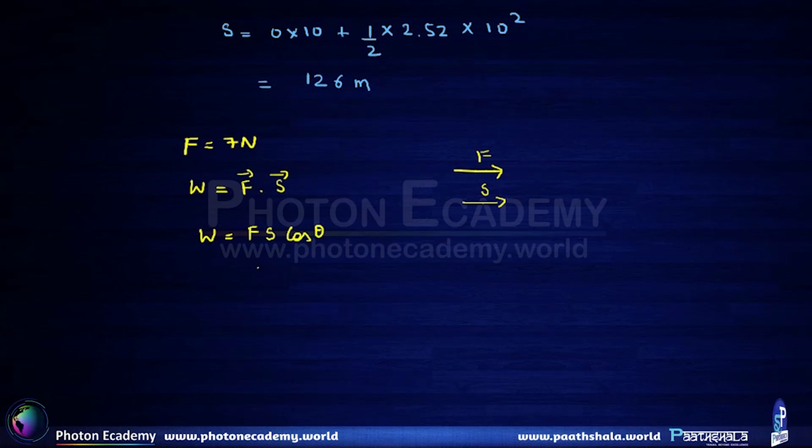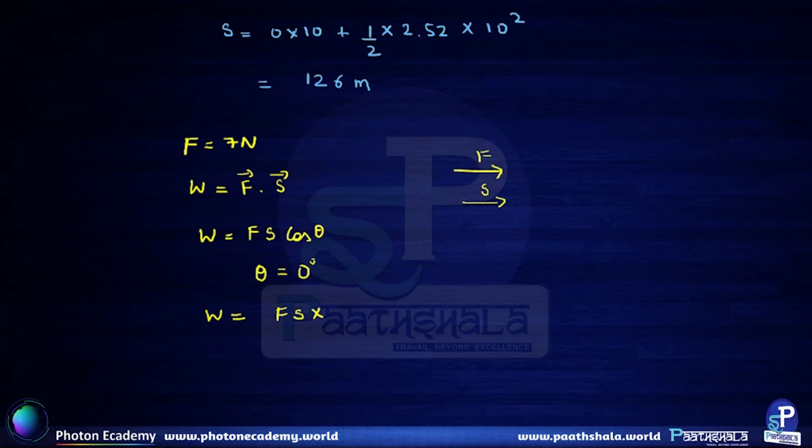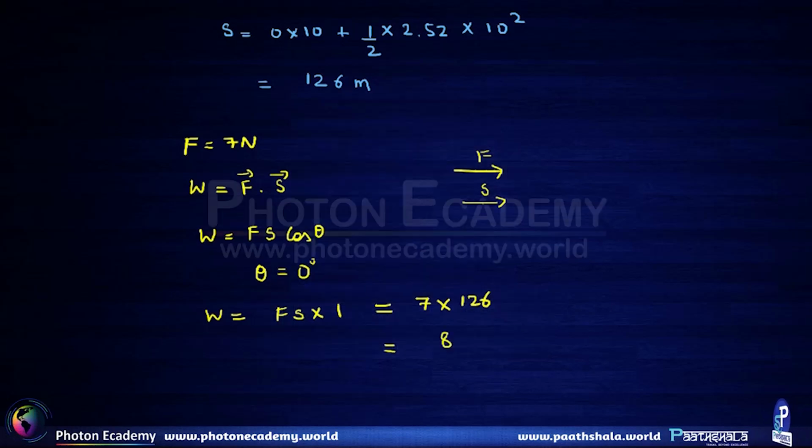Here theta will be 0, therefore W will be Fs into cos 0, that is 1. F given to us is 7 and S we calculated as 126. Therefore, work done by the horizontal force is 882 joules.